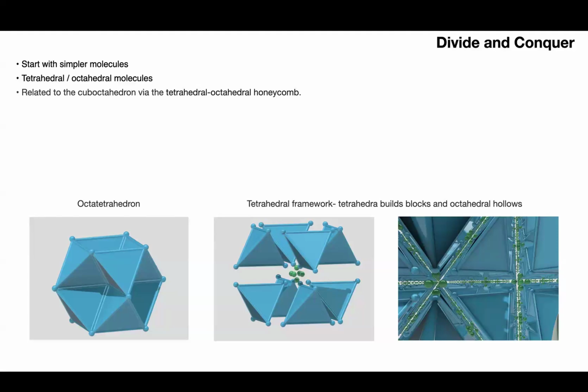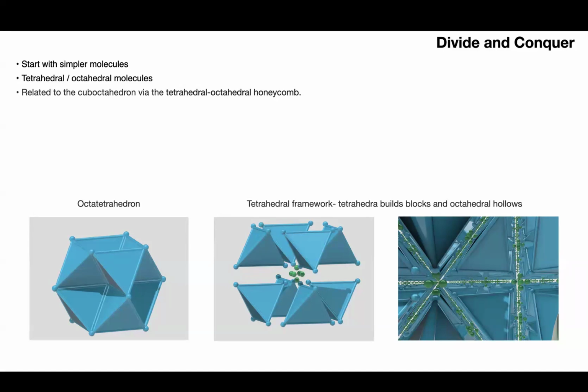The visualization is a cuboctahedron, but with half of the octahedra taken out. When this assembles in the framework on the right, you can see that the building blocks are tetrahedra, and the voids are octahedra filling the space like this. So we have a decomposition of the cuboctahedral packing into tetrahedral and octahedral.